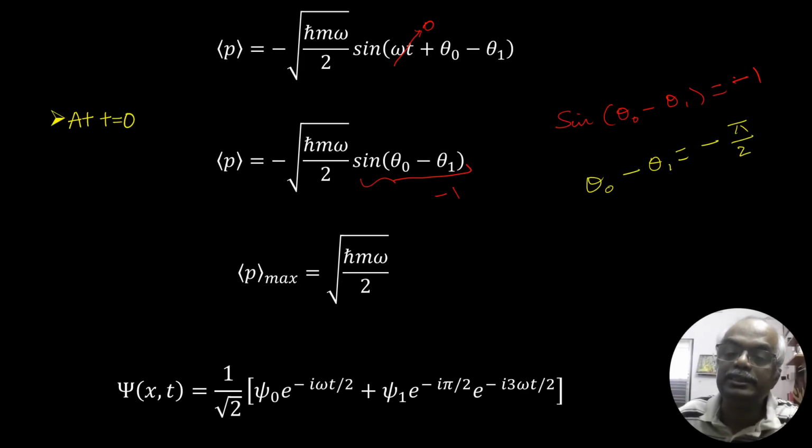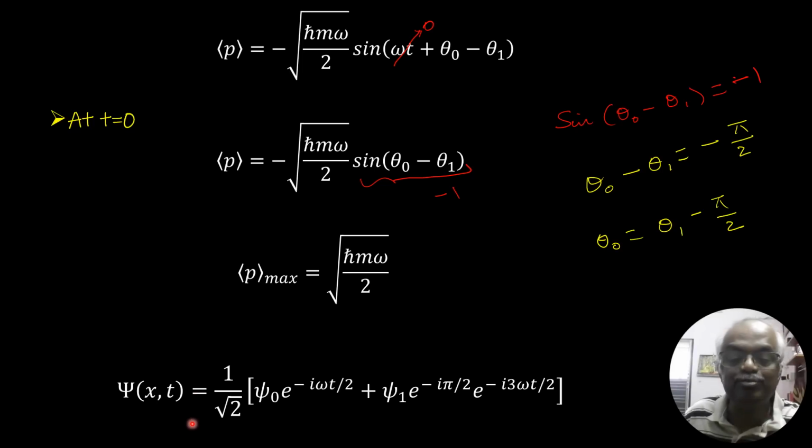Sine pi by 2 is 1, and sine of minus theta is equal to minus sine theta, so it's an odd function. So it must be minus pi by 2. So the phase factor must be minus pi by 2, or theta naught is equal to theta 1 minus pi by 2. The argument of sine must be minus pi by 2. In that case you will get a maximum value of the square root of h cross m omega over 2.